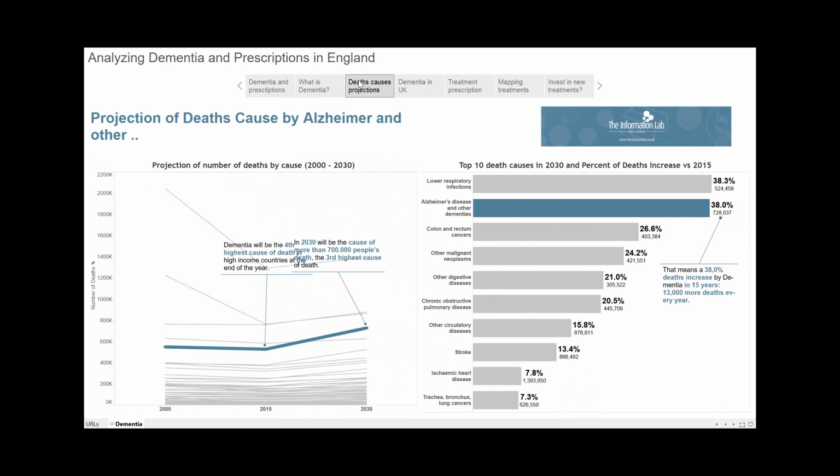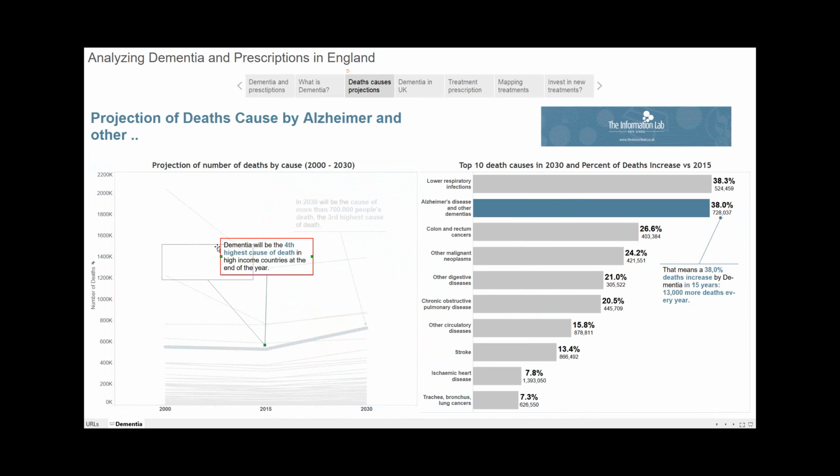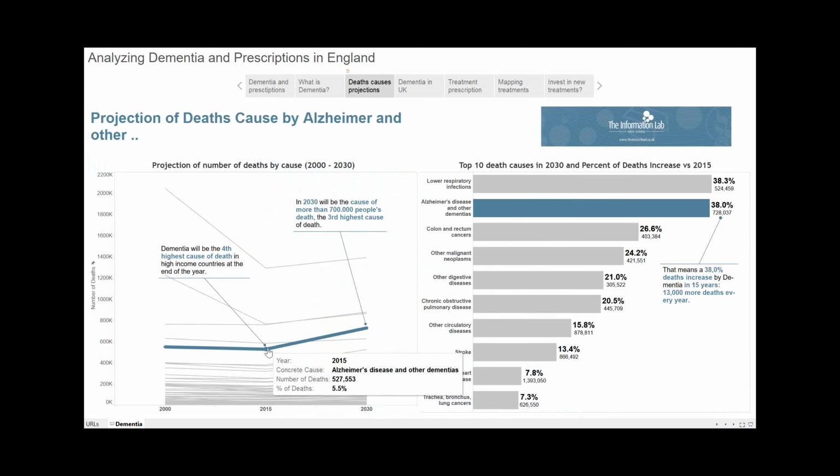And the reason why I decided to focus on this was because I started looking in the World Health Organization about death causes in high-income countries. And what I saw is that, this is for the resolution, but no problem, dementia is actually the fourth highest cause of death in high-income countries, as projected by the World Health Organization, and it's going to account for 500,000 deaths in high-income countries.